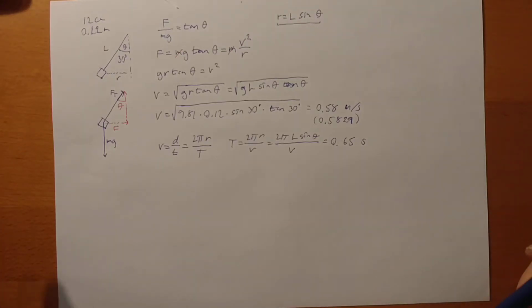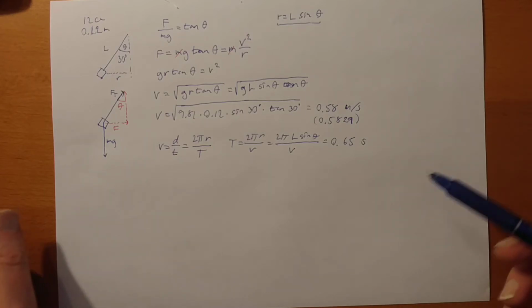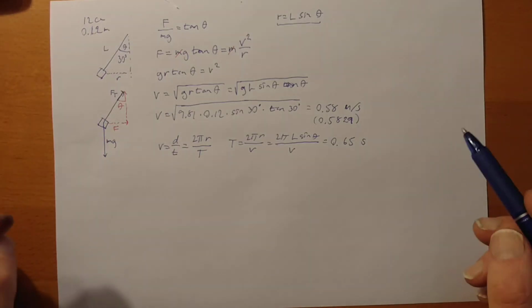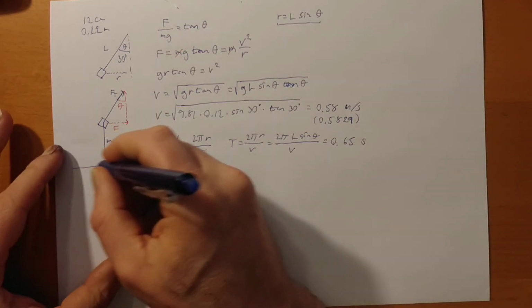In the previous video we solved this problem of the velocity and the period of this particular conical pendulum. We should try to make a general formula for this.